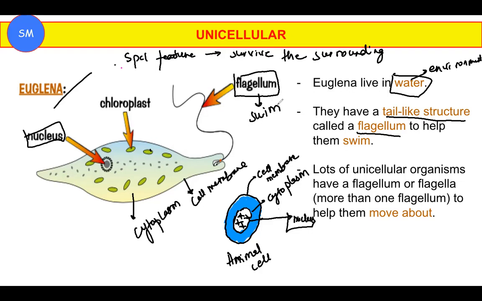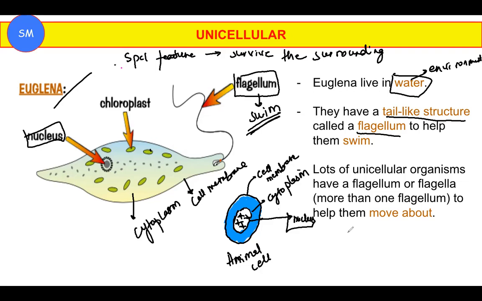I hope you get my point that, like a normal animal cell, it has everything common, but it has something special as well to help it survive in the surrounding it is living in. So euglena has developed a flagellum, the structure which helps in movement or swimming.